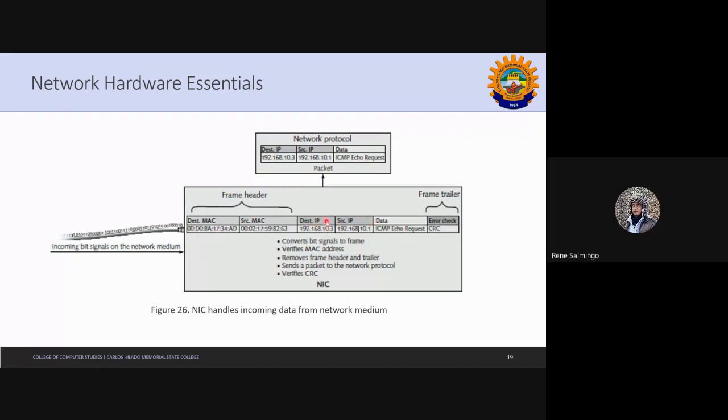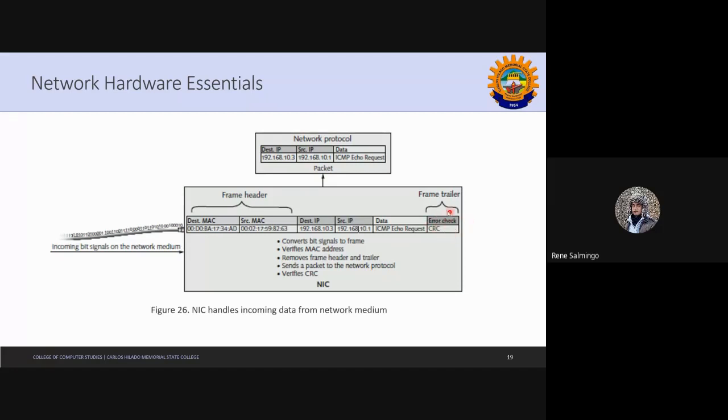The destination IP is like what we simulated earlier, the location you are going to send the data to, and the source IP is the one that is your own. Then it converts the bit signal into a frame, verifies the MAC address, and removes the frame header and the trailer.